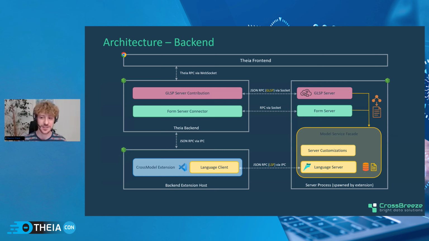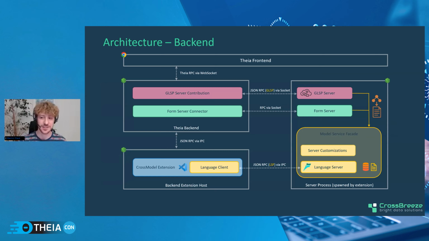So in our case, we parse the textual file, get the abstract syntax model that matches our CrossModel language, and have that in the store. But additionally, the language server also builds up an index of information regarding each document.